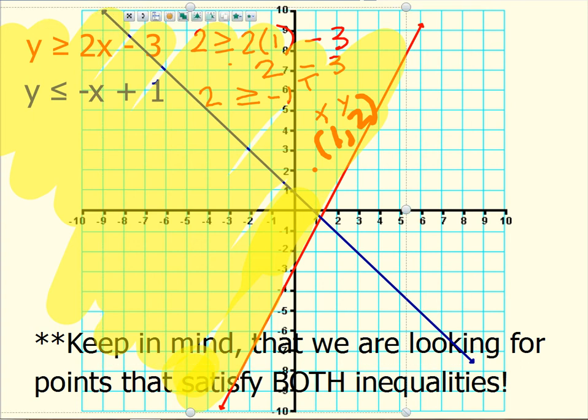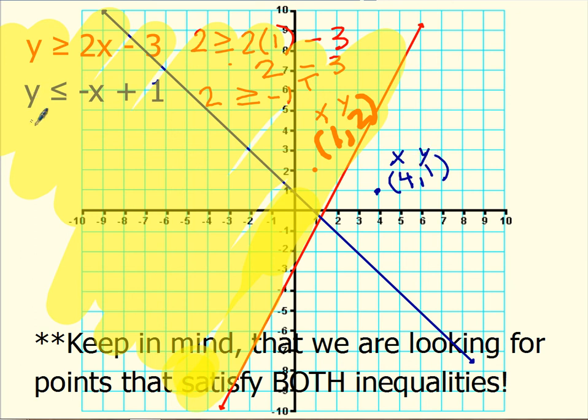And now I need to pick a test point to test for solutions. So I'm going to choose, let's pick the point (4, 1). Just some random point. As long as it's not on my line, it's great. I'm going to plug it in for x and y in my inequality.